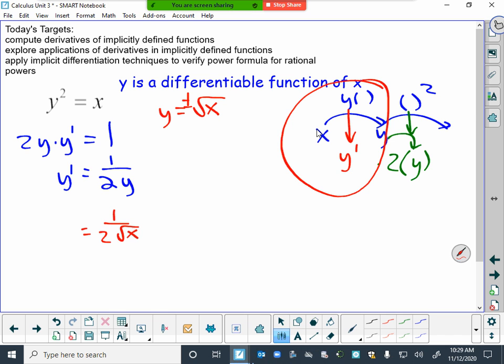We would have said that's 1/2 times x to the negative 1/2 power. So this really is the same thing, it's just more complete. Because y squared equals x is a parabola that opens sideways. y equals the square root of x is just the top half of that parabola. We wanted the whole thing.